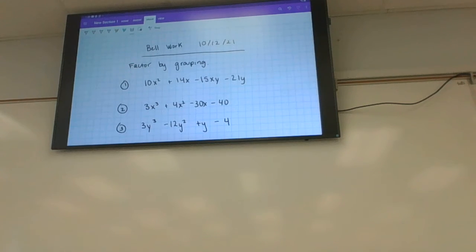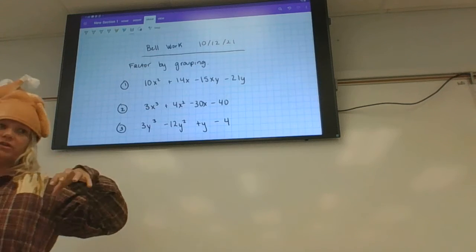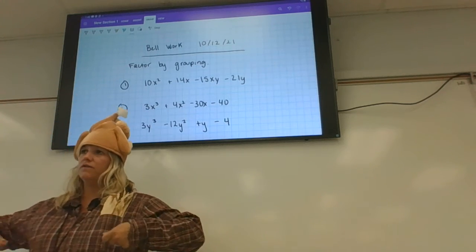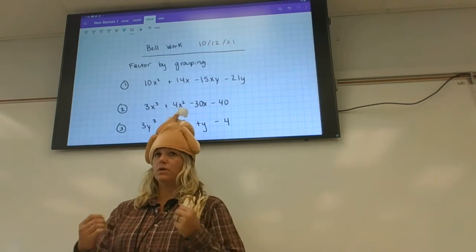You do need your own calculator for the PSAT. They said you can go to the media center and check one out. There's a rule: the people administering the PSAT cannot give you calculators when you come into the room.